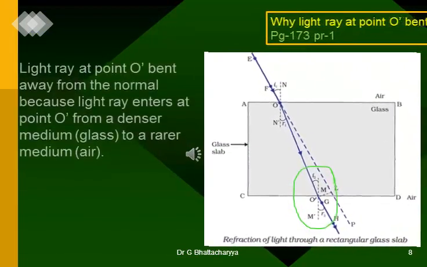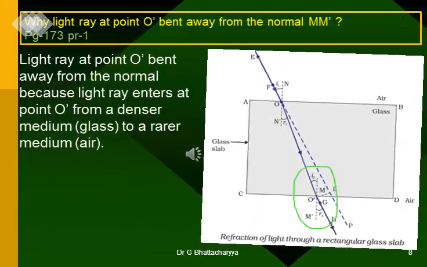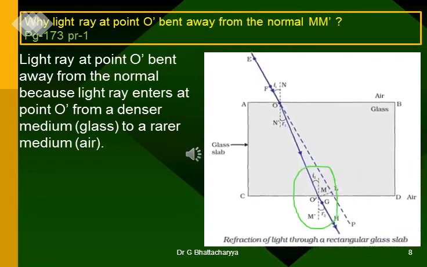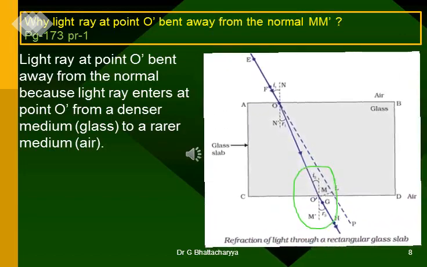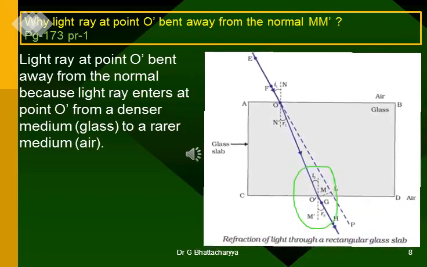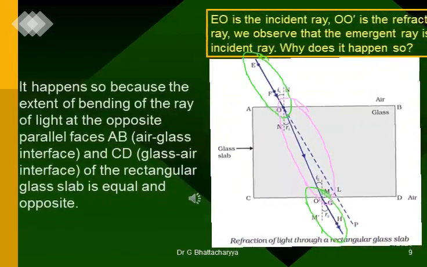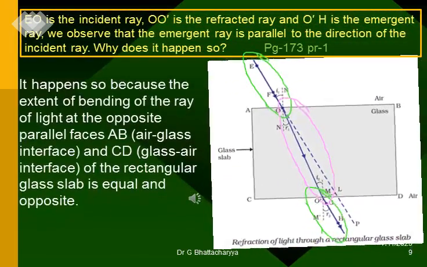Why does the light ray at point O dash bend away from the normal M dash? The light ray at point O dash bends away from the normal because the light ray enters at point O dash from a denser medium, which is glass, to a rarer medium, which is air. EO is the incident ray, O O dash is the refracted ray, and O dash H is the emergent ray.